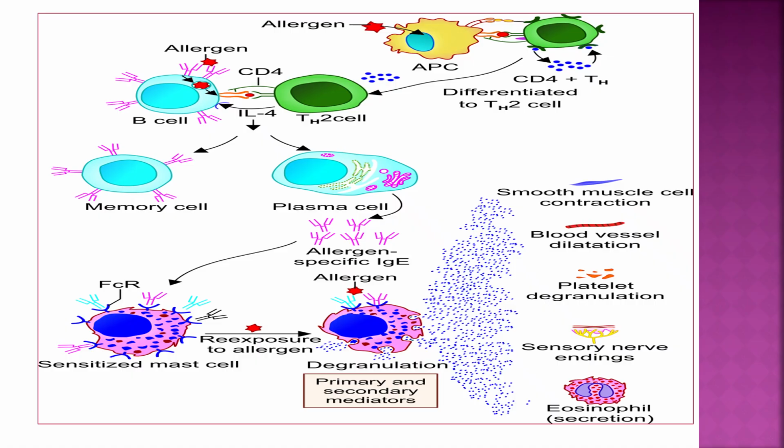The plasma cells produce allergen specific IgE, which sensitizes mast cells. On re-exposure to the allergen, they undergo degranulation. Primary and secondary mediators are released and cause smooth muscle contraction, blood vessel dilatation, platelet degranulation, stimulation of sensory nerve endings, and eosinophil secretion.